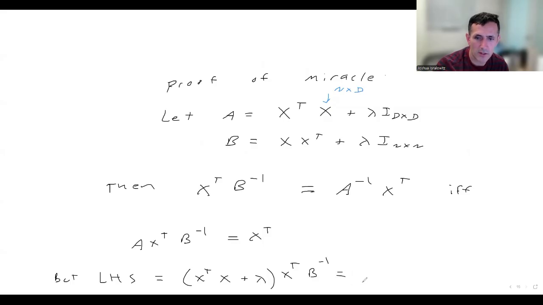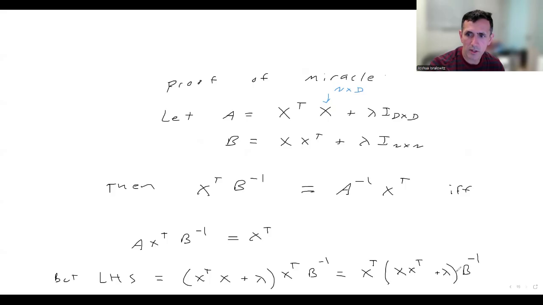All right, so all you got to do is factor out an X transpose. I have one here, and I have one here, so factor X transpose out. So it's going to be X transpose, plus lambda B minus 1.